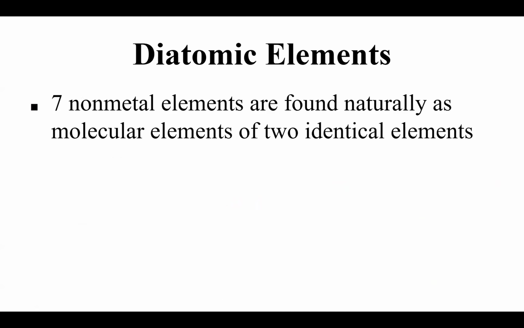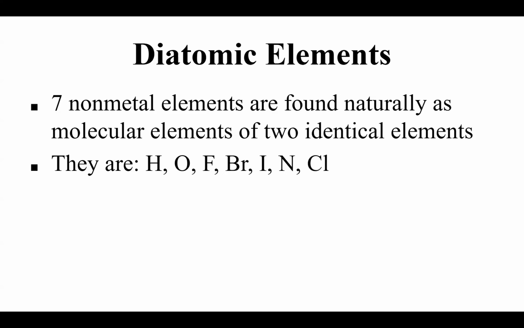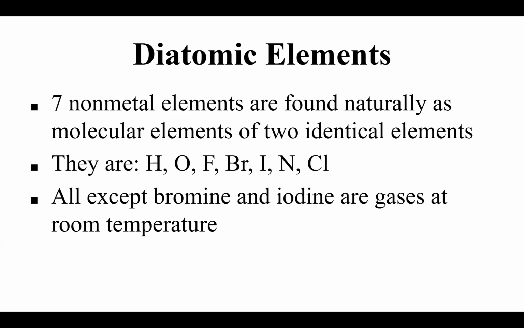These are the 7 diatomic elements that are molecular elements. The Hofbrinkels, all except bromine and iodine, are gases at room temperature. Iodine's a solid, and bromine is a liquid.